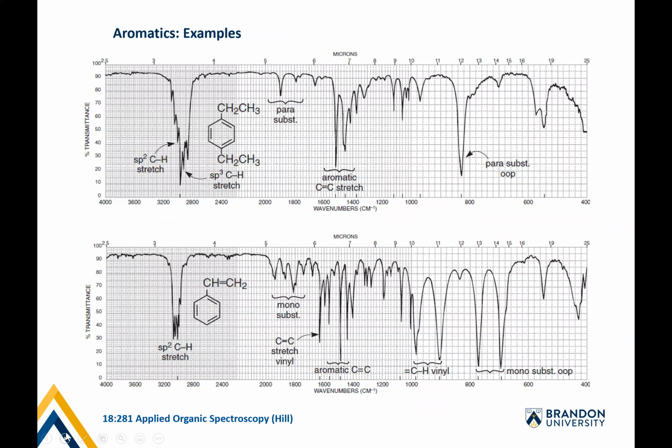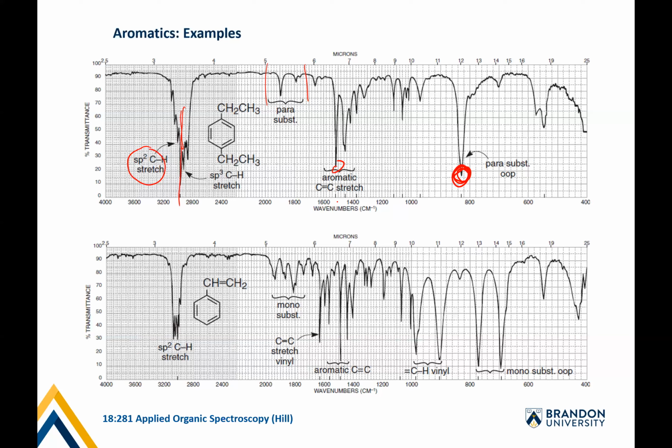And here's another example. So the para isomer as well, strong out of plane bend at around 800. Overtone matches it. This region is very similar, above 3,000, the sp2 hybridized, and then we've got the aromatic carbon-carbon stretch.